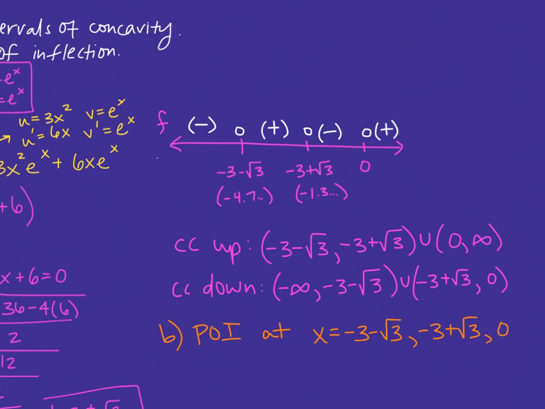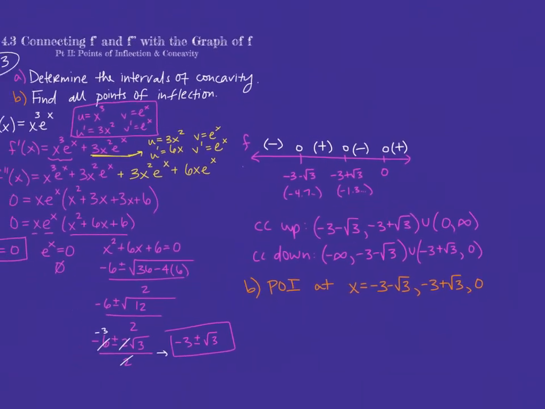Now, I'm not writing the whole coordinate point there. I just made this function up, and it ended up being pretty nuts, so I don't really want to plug this into the function. So we can just say we have points of inflection when x is these three values because our concavity changes signs there.